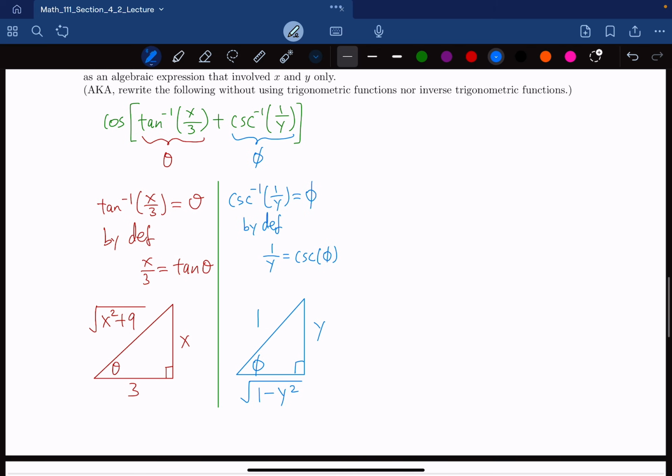Now that I have both of these set up, just like before, this question becomes simply cosine of theta plus phi.